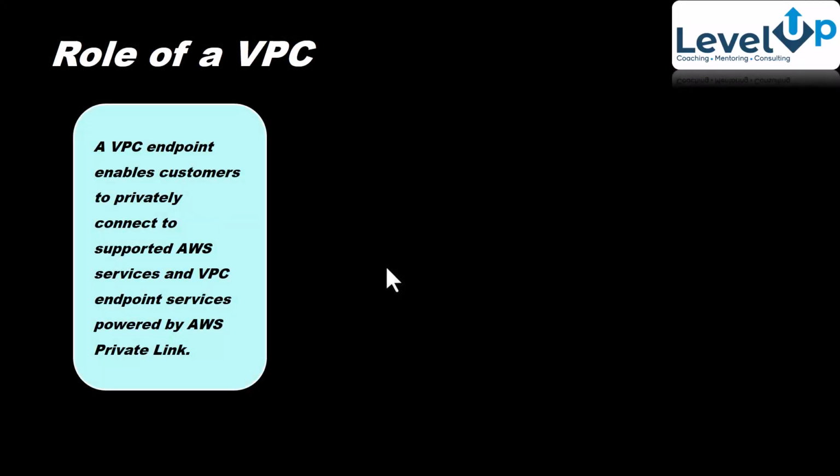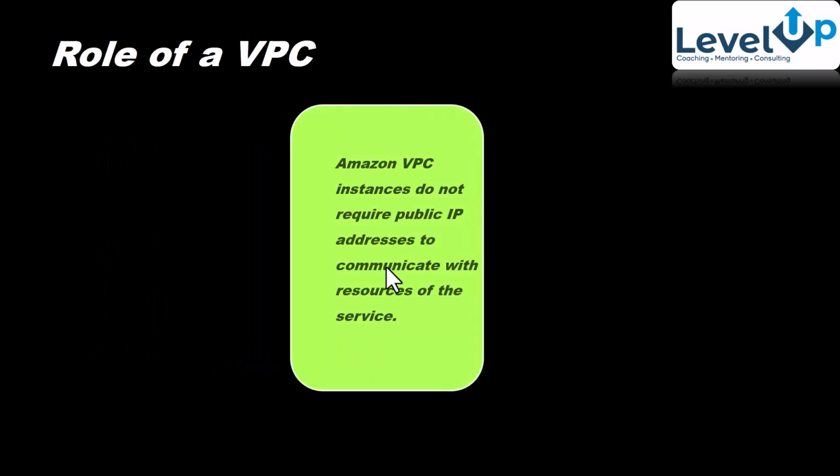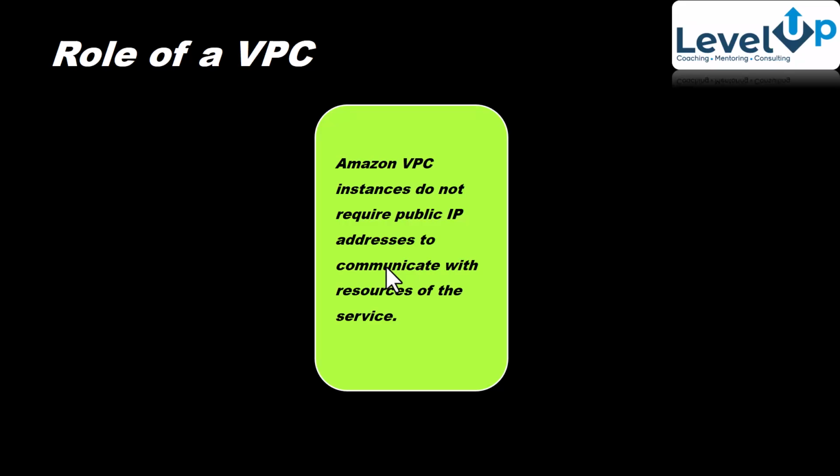Now let us look into a couple more features of VPC endpoint. VPC endpoints enable customers to privately connect to supported AWS services and VPC endpoint services powered by AWS PrivateLink. Now, how does a VPC endpoint work? It works with something called AWS PrivateLink. Now, an Amazon VPC instance does not require public IP addresses to communicate with resources of the service.